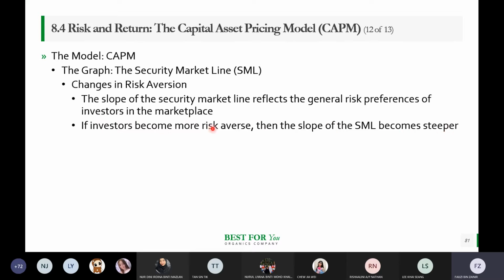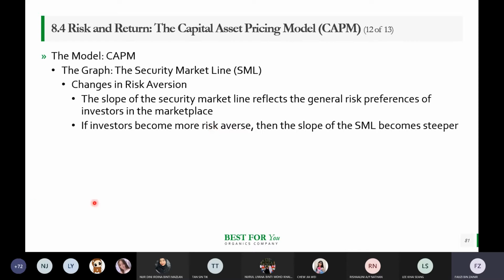So basically, if the market returns increase, because we know that the market average return has a beta of 1, in that sense the required return has increased, therefore investors are demanding more return for the same level of risk to invest in that particular market.